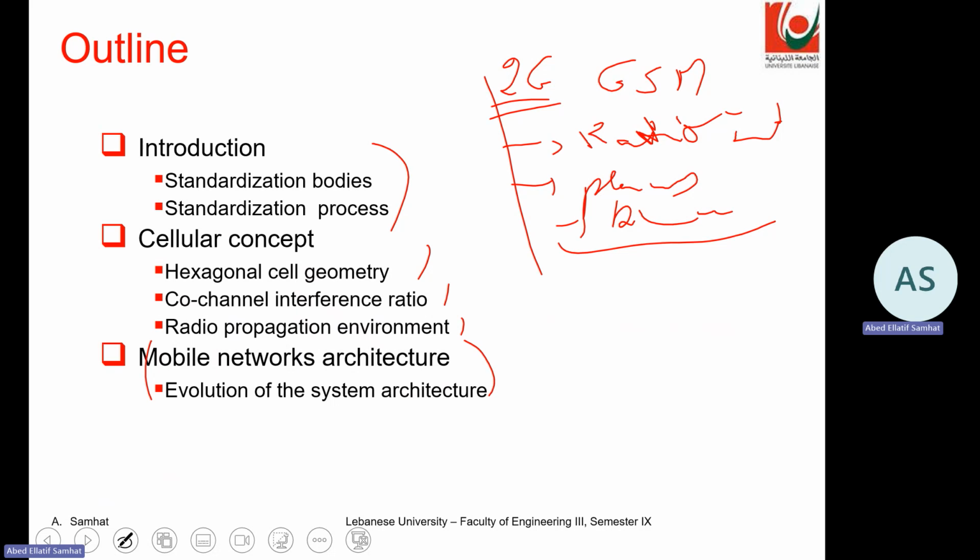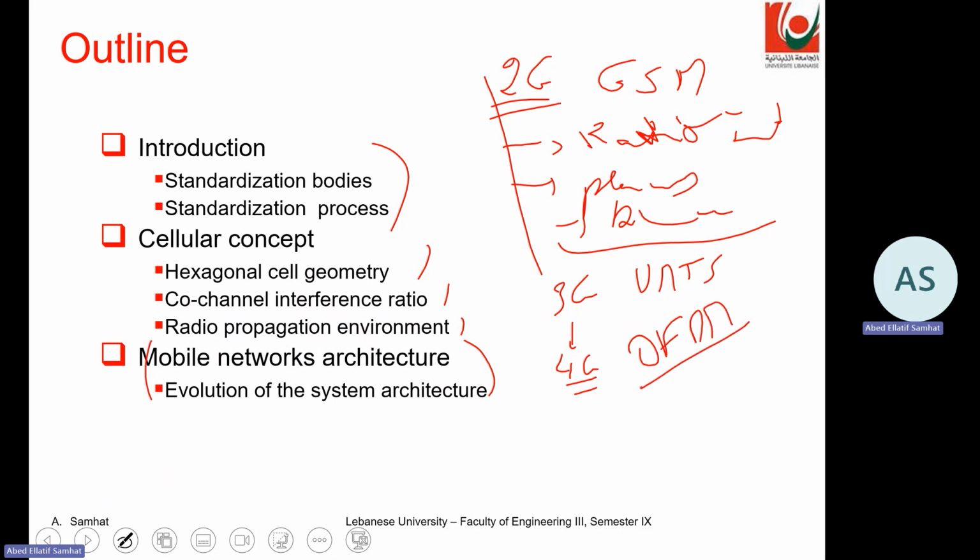We move to the third generation, which is UMTS, and we check the radio interface also, which is based on CDMA, and we see what the difference is at the architecture level in comparison to GSM. After that, we go to the fourth generation and we investigate the radio interface, which is based on OFDM.